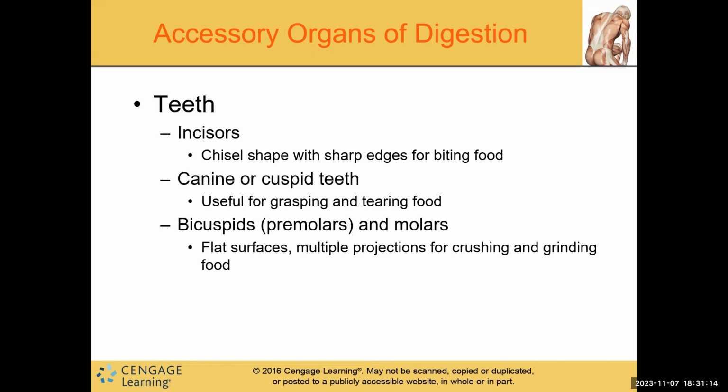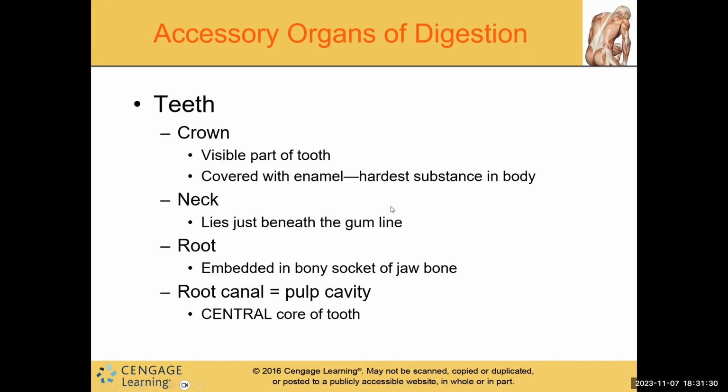Incisors, chisel shape with sharp edges for biting food. The canine or cuspid teeth for grasping and tearing food. They've got bicuspid premolars and molars, flat surfaces, multiple projections for crushing and grinding the food. The crown is the visible part of the tooth, covered with enamel, which is the hardest substance in the body.